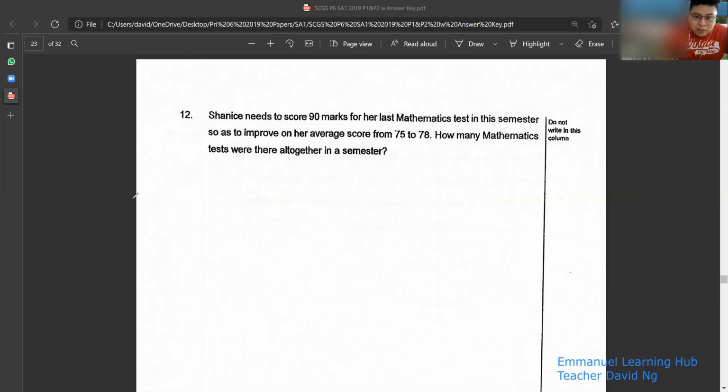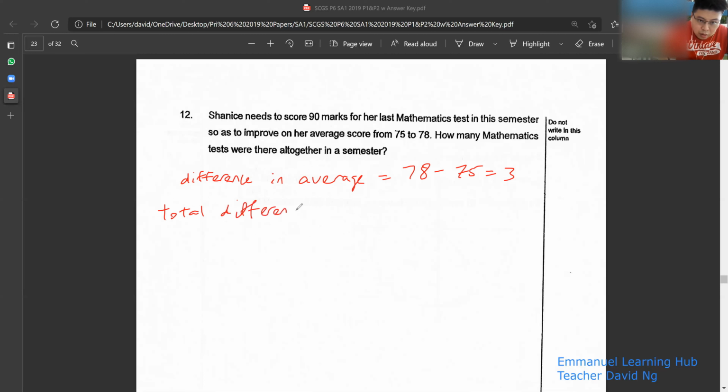This method is difference in average first, then total difference.